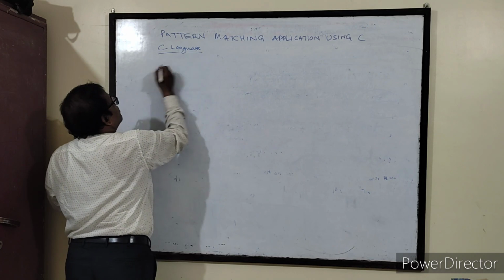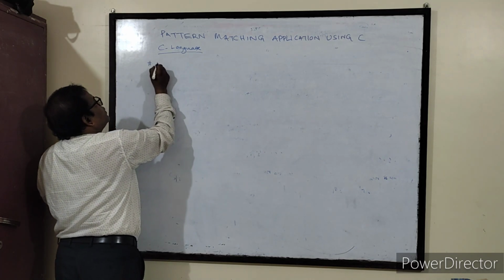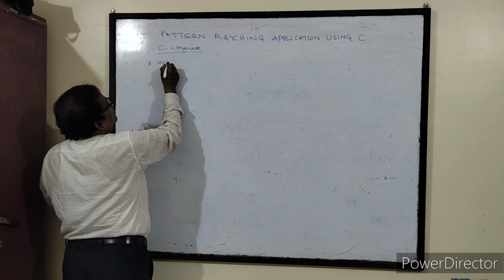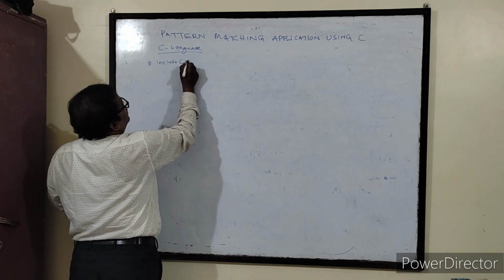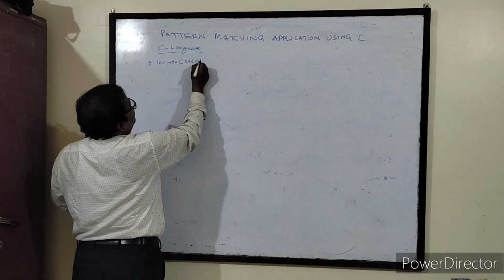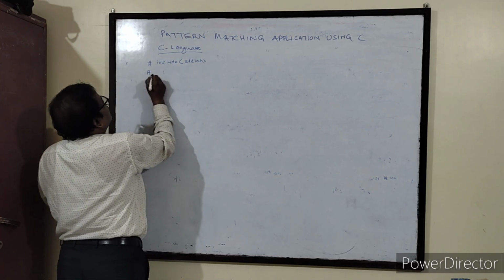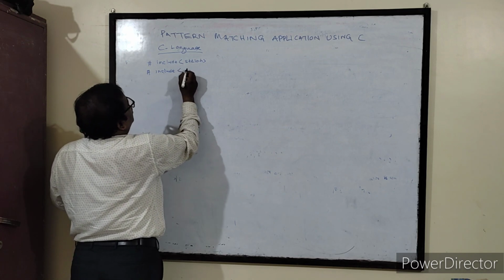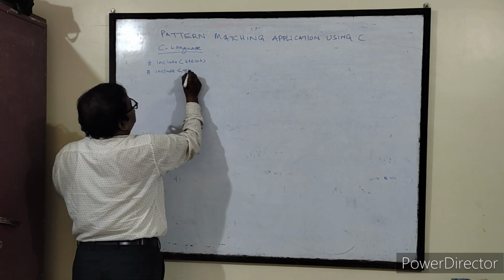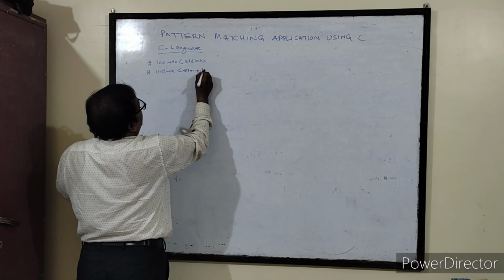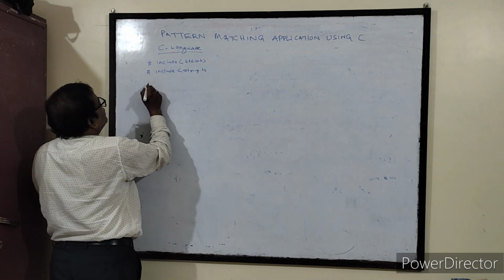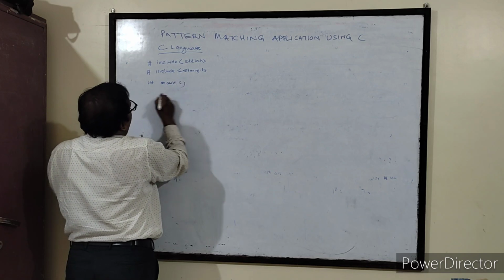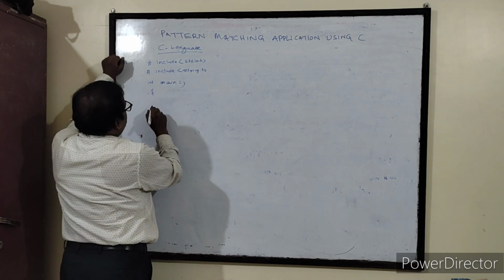In C language, line number 1 has include stdio.h, include conio.h, or we have to use only string.h, and we write int main with the bracket declaration.